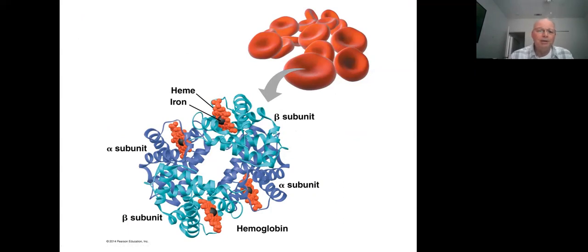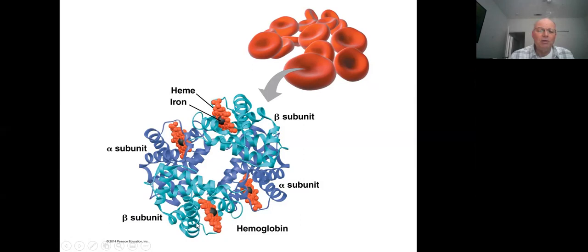Hemoglobin is made up of polypeptides called alpha globin and beta globin. There are two alpha globins and two beta globins. Each of those globins folds around a ring structure called a heme group, and in the center of the heme group is an iron atom to which oxygen is attracted. So it's the heme group that carries the oxygen, specifically the iron atom in the center.